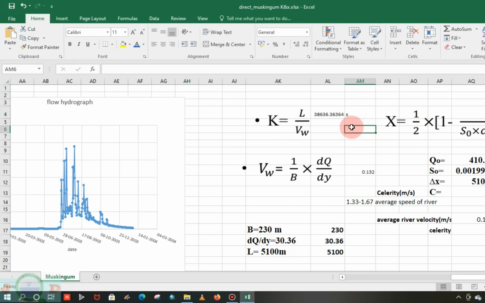To convert this into hours, you need to divide this by 60 into 60.